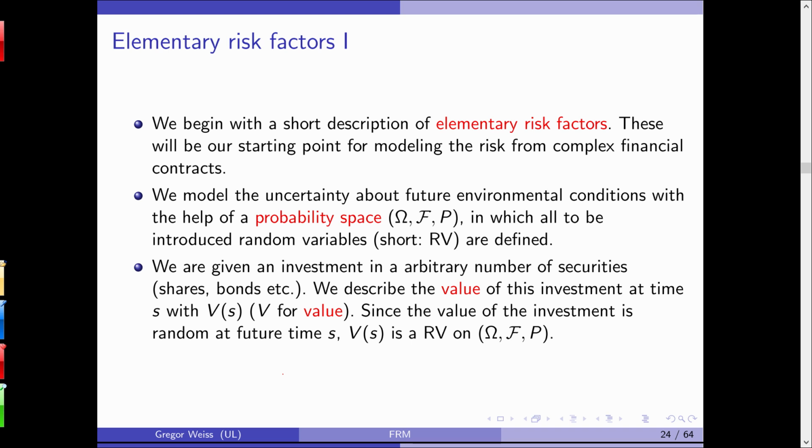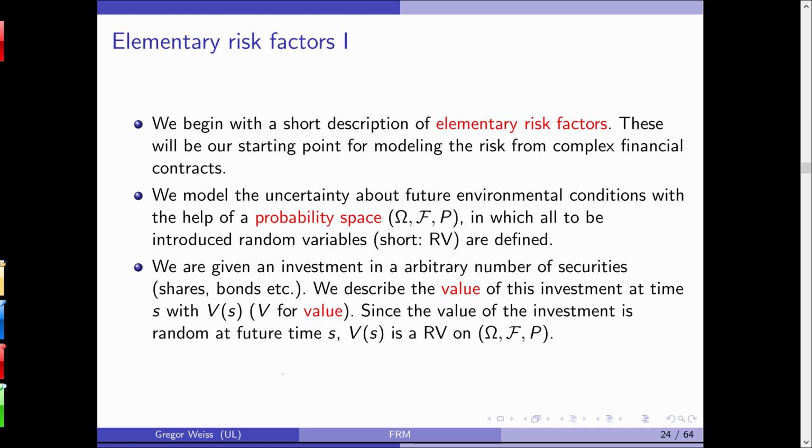And we start with our risk factors being random variables, and those random variables are defined on a probability space. You don't need to understand the full details and the mechanics of a probability space, but you need to know this when you pick up a book that is not trivial and that is a little bit heavier on the mathematics.